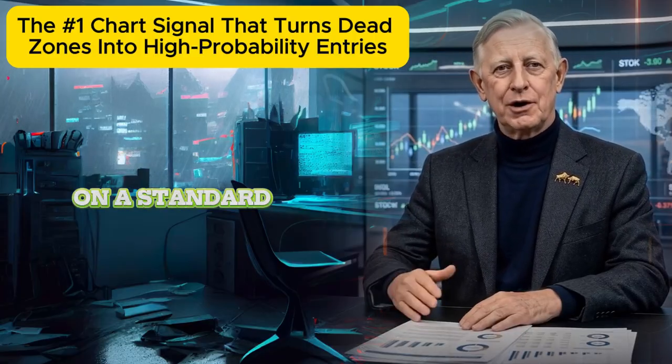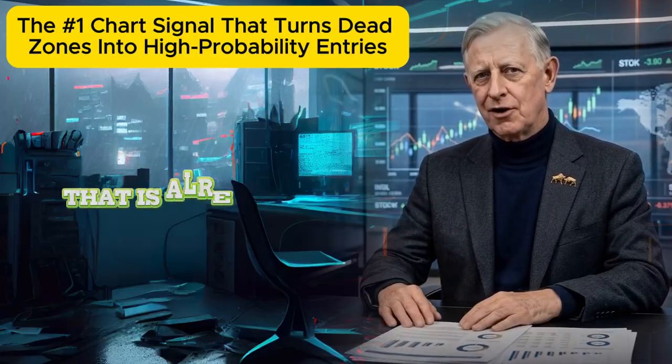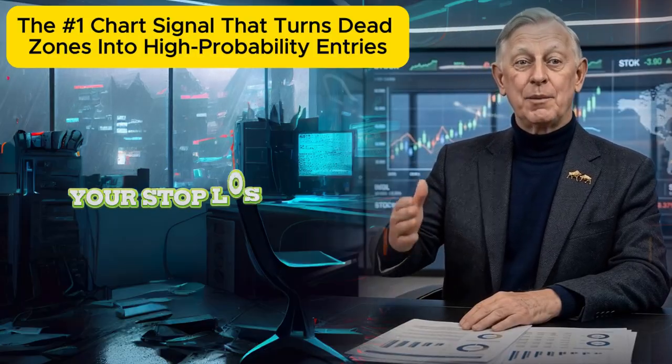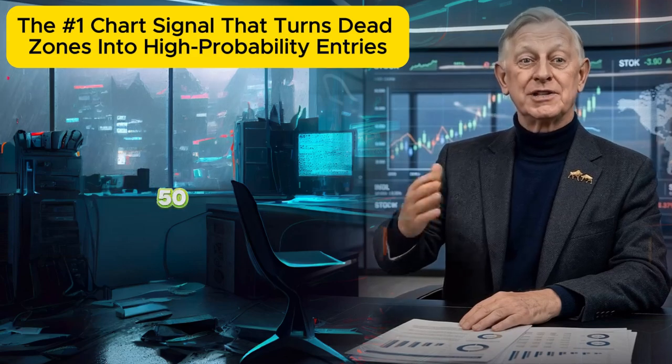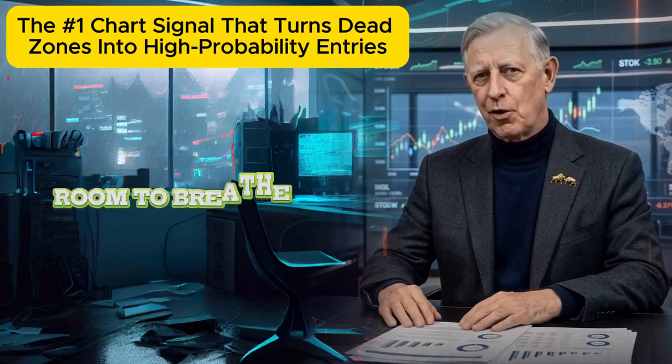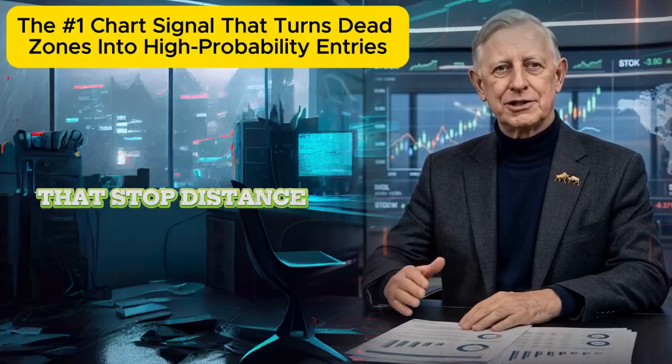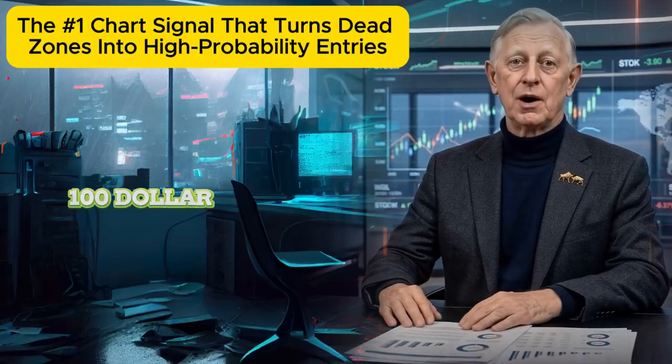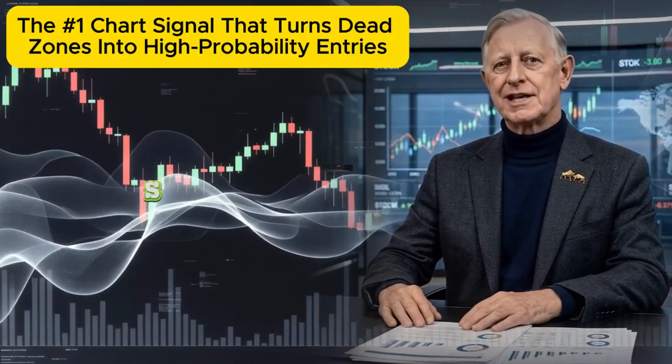On a standard entry where you are chasing a move that is already in progress, your stop loss might need to sit 40 or 50 points away to give the trade room to breathe. That stop distance, combined with your $100 risk, limits your position size.